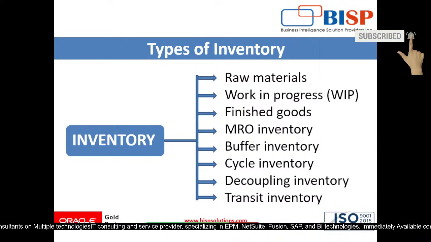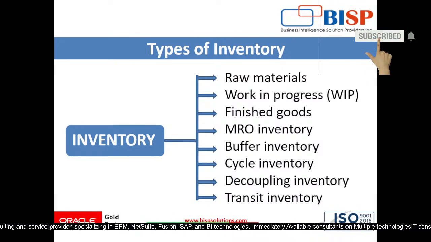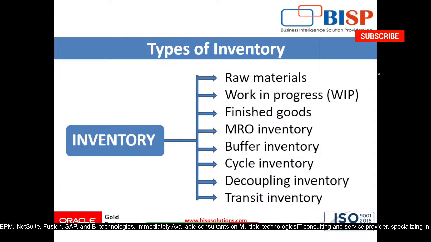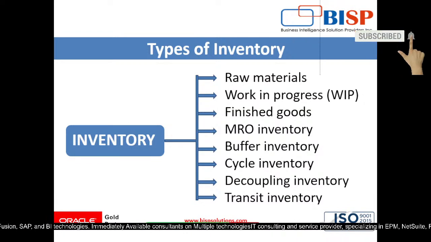We have some description, starting with raw material. Raw material consists of all the items that are processed to make the final product. For example, consider a cookie manufacturing company. The raw materials in the cookie manufacturing company are items like milk, sugar, flavor that are used in the different stages of production.